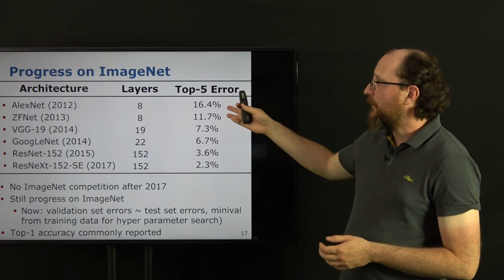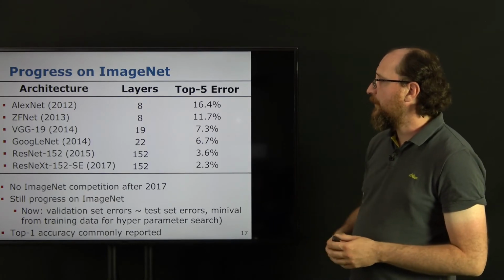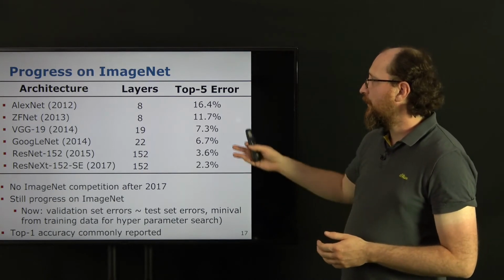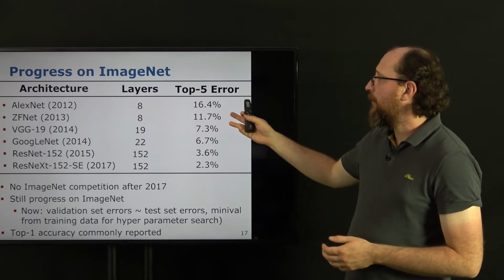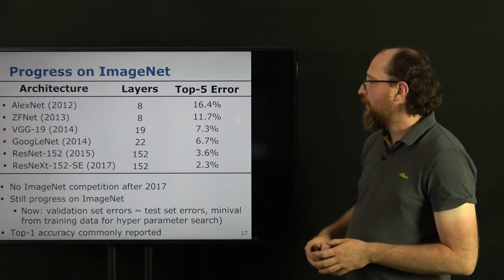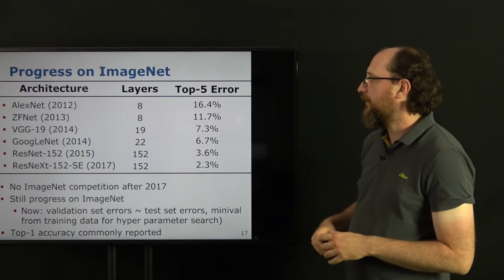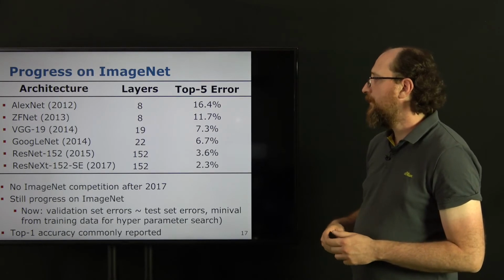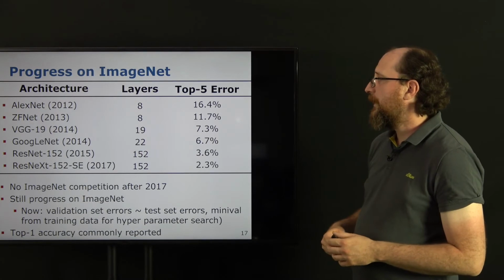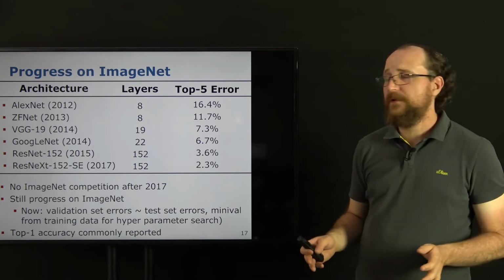But as you can see, over the years, there was significant progress by using these architectures. So with AlexNet, we started with 16.4% top 5 error, and with ResNet we reduced it to 3.6. In 2016 there was an approach that reduced it to something like 3% by using an ensemble of different models.